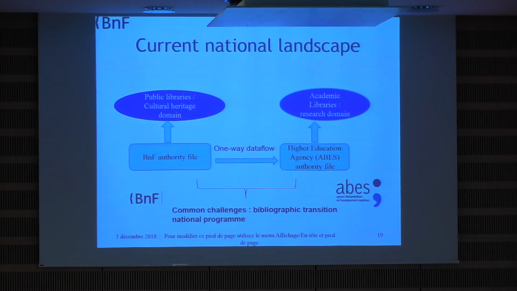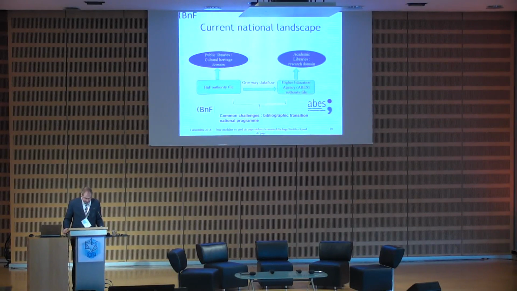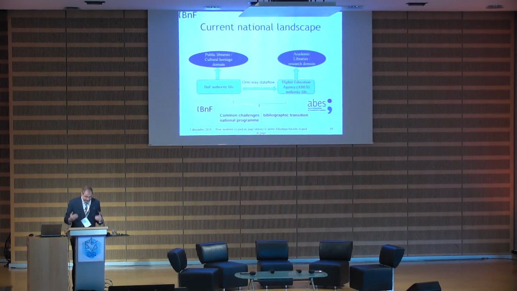The problem is we have two national bibliographic agencies: the National Library, of course, and the Higher Education Bibliographic Agency, and each of them sends its data to a different community.